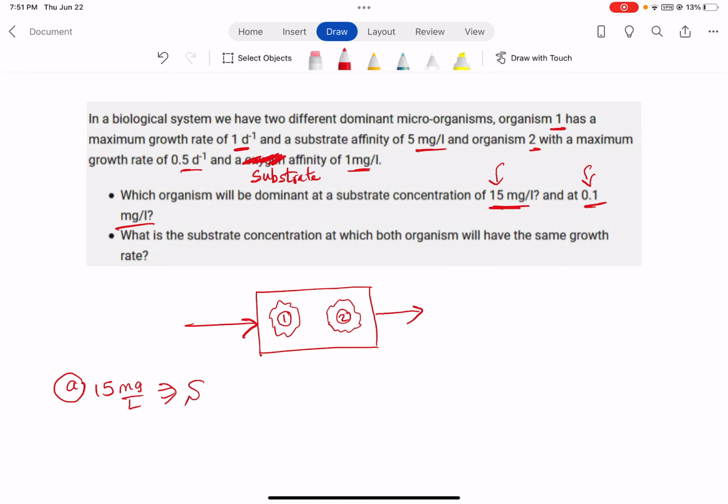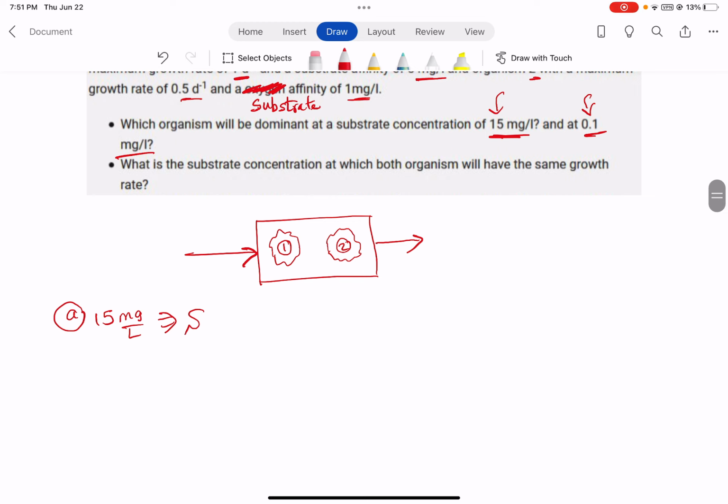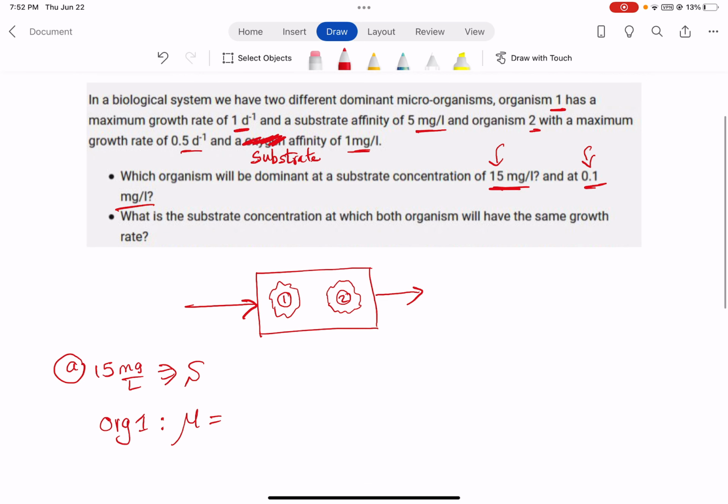If you put the equation for that, let's put the Monod equation for organism 1, mu. Remember, what was the mu max for organism 1? 1 per day. So this is 1 per day, that's mu max.